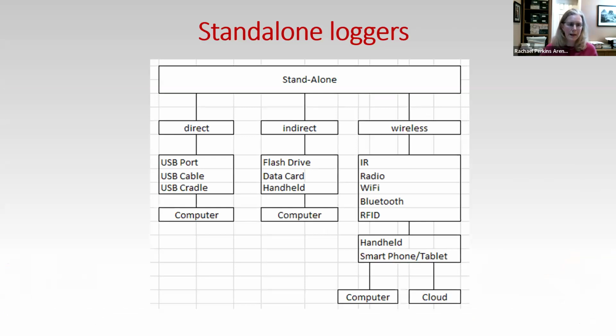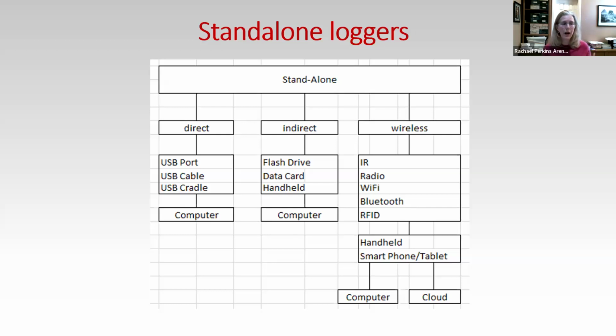I said I wouldn't go into depth on the technology, or at least not like I did in the 2016 webinar, but I do want to clarify a few terms before we talk about several products. What I call standalone data loggers are units that operate independently, and in some manner you have to download the data to view the results.